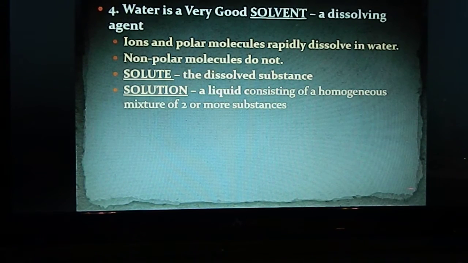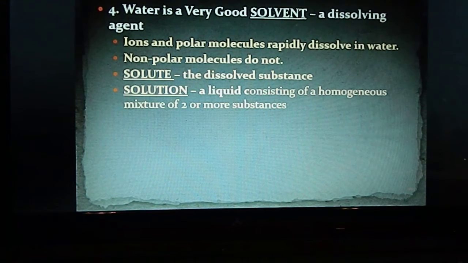So again, polar molecules and ions are readily dissolved into water, but things like oil that are nonpolar do not dissolve well, right?